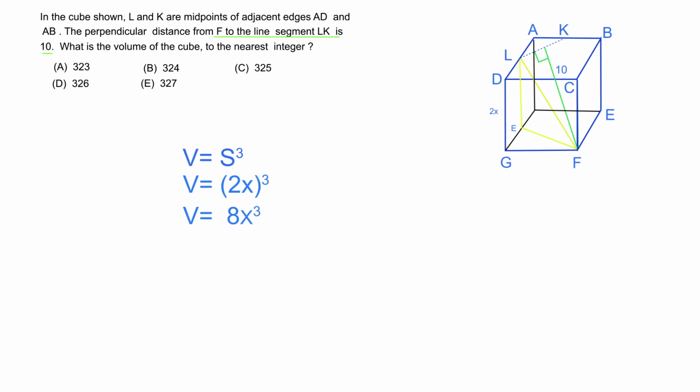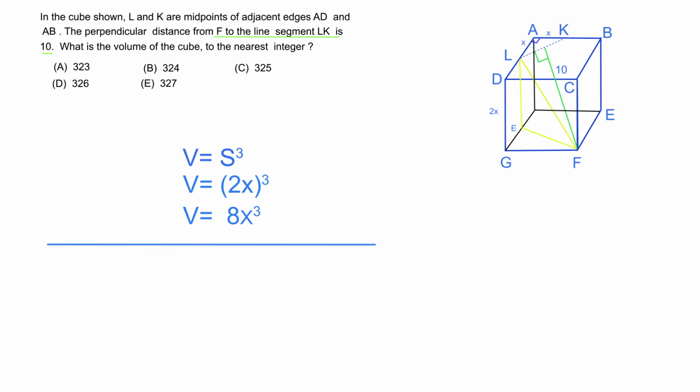Now, L is the midpoint of AD and K is the midpoint of AB. So that means this is x and this is x. The very first step is going to be to figure out LK, this segment right here, in terms of x.